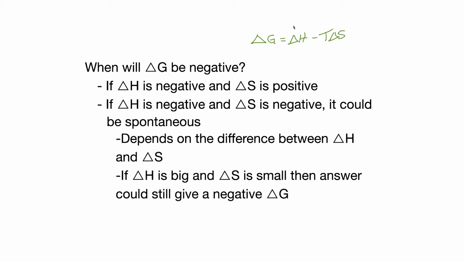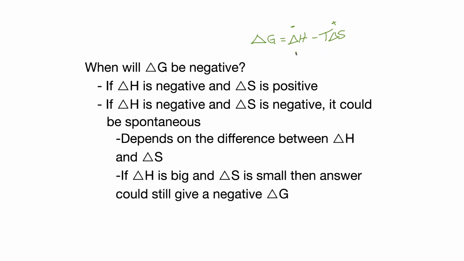So if delta H is negative and delta S is positive, we'll have a negative number here. We have a negative times a positive times a negative, and that'll give us a negative number over here. This is always going to be a negative number.